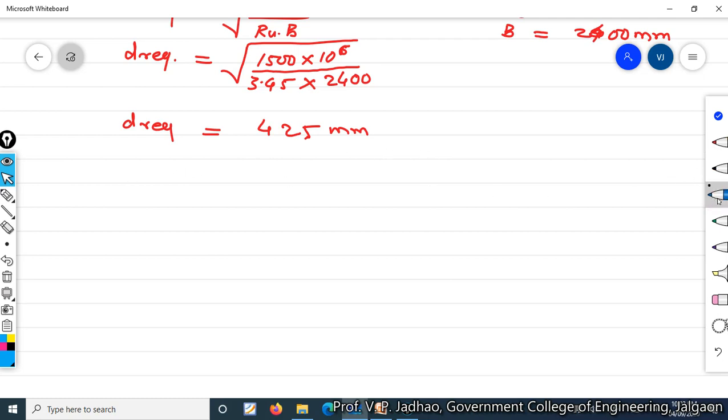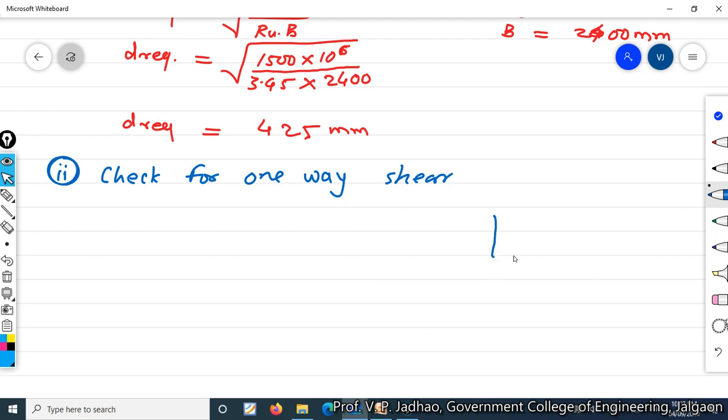Now next, we have to check whether this depth is sufficient from the shear consideration. So in this step number 6, consider the second point as check for one-way shear. We'll check whether this depth is sufficient from the shear point of view.